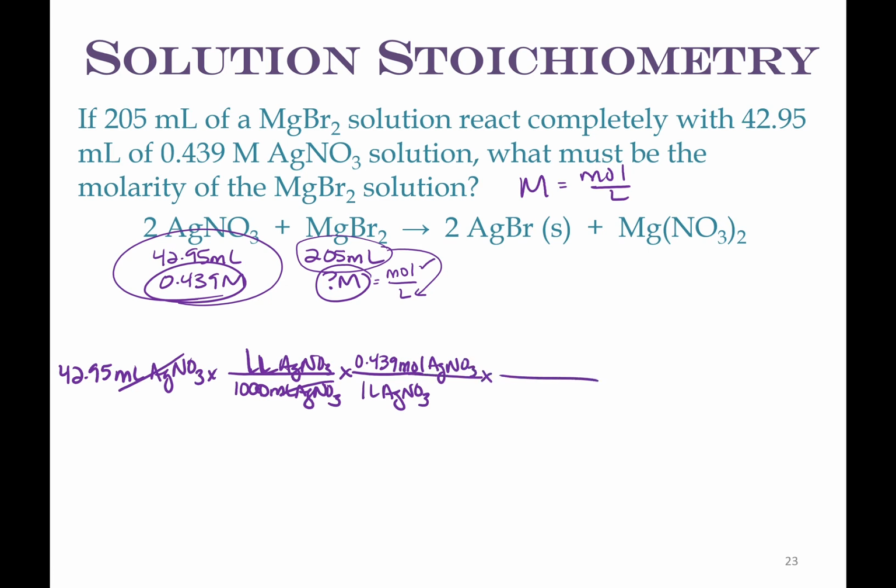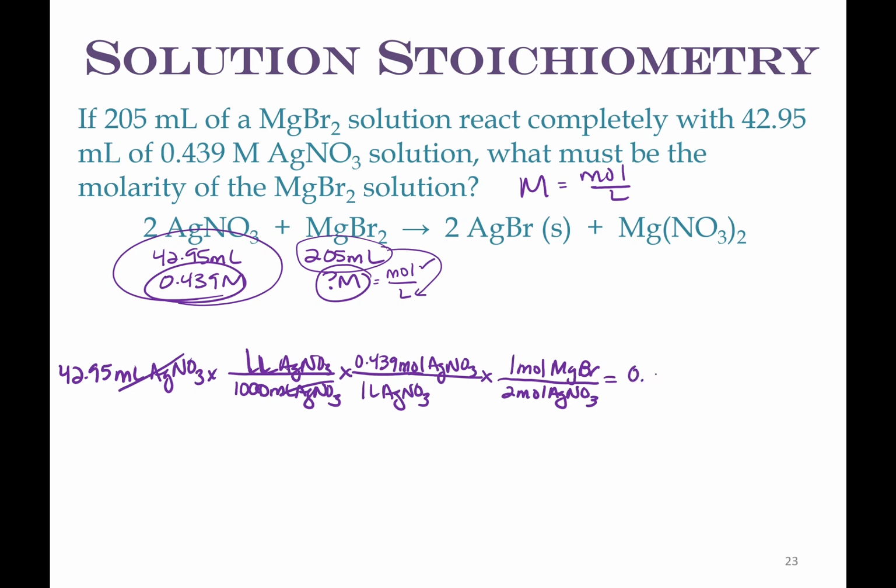Now we just do the mole ratio, so 2 moles of AgNO3 gives us 1 mole of magnesium bromide. So this is going to give us moles, and that's what we need, moles of magnesium bromide, and then we'll divide them out. So 42.95 divided by 1,000, we multiply that by 0.439, and we divide by 2.